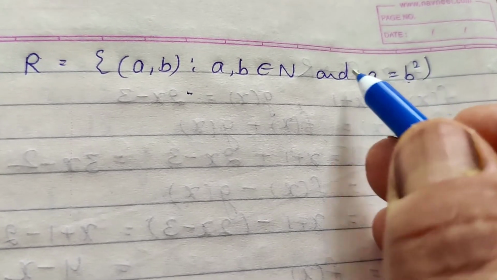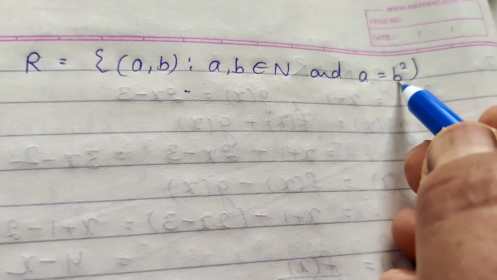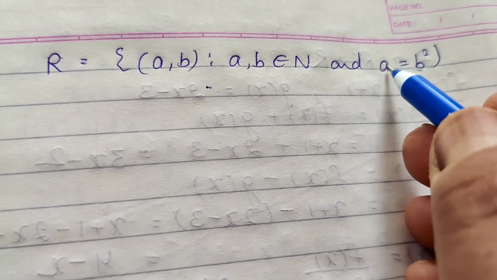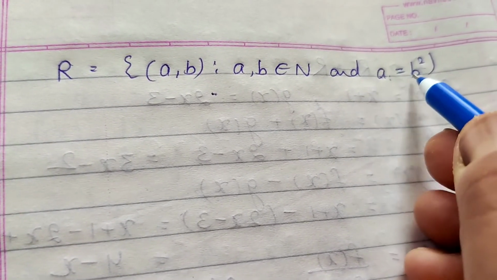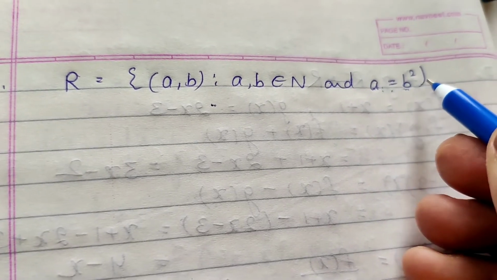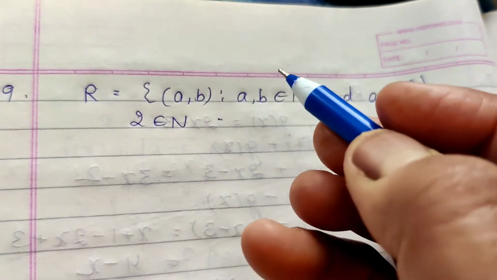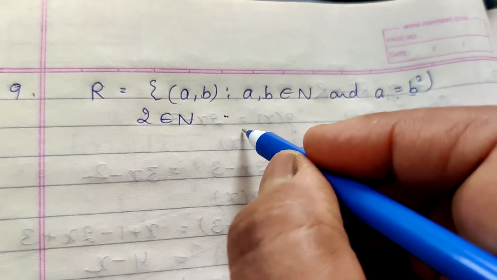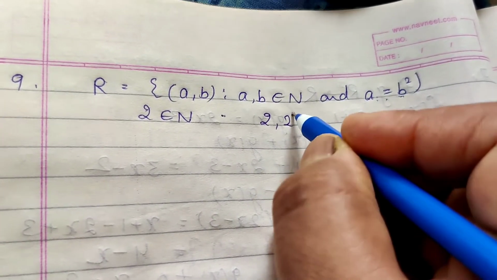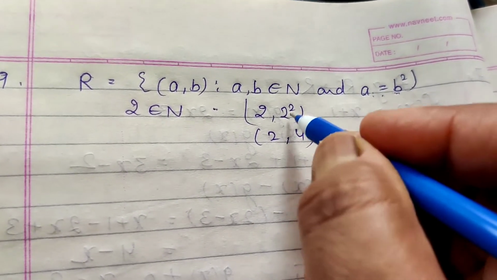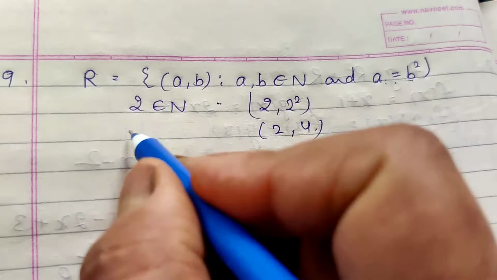Take a = 0, this is also equal to 0. Also 1 and 1. But if we take 2, it is not true, if 2 belongs to natural numbers. 2 and 2 squared, which is 4. But the relation needs (a, a).